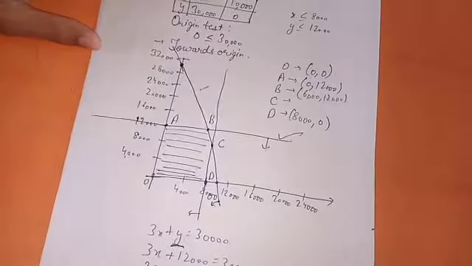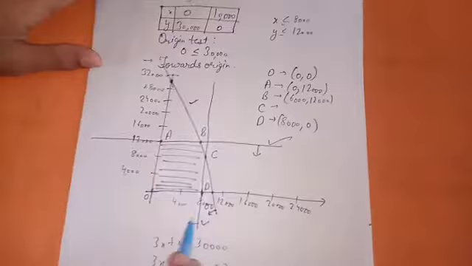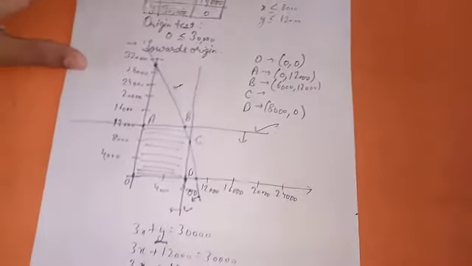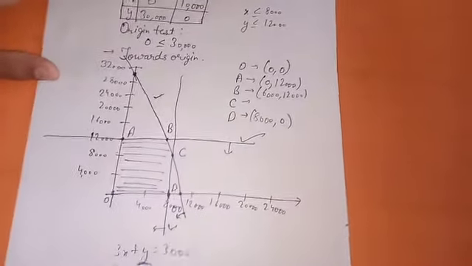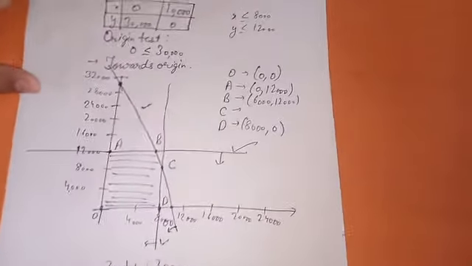Now we will find for C. For C we will find using this and this. Here we have to put the value of x. 3 into x value, 8,000, plus y is equal to 30,000.